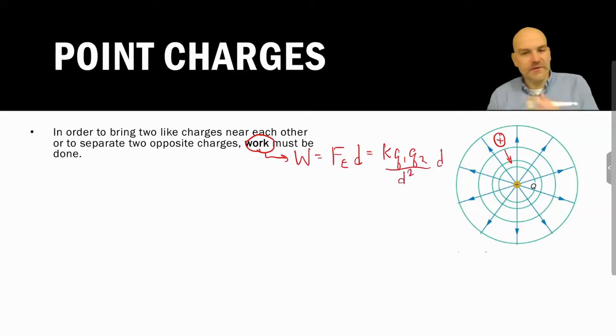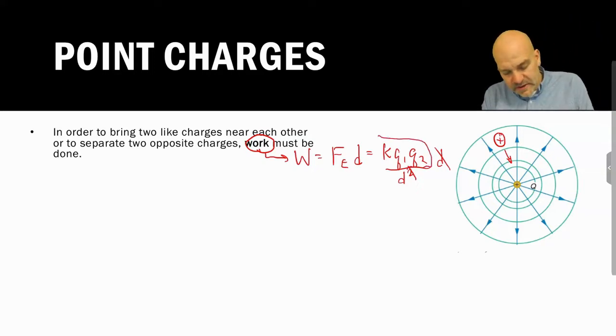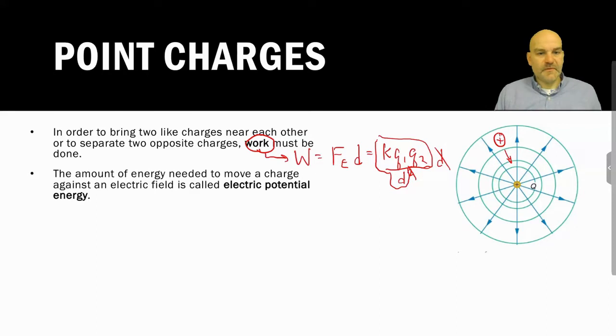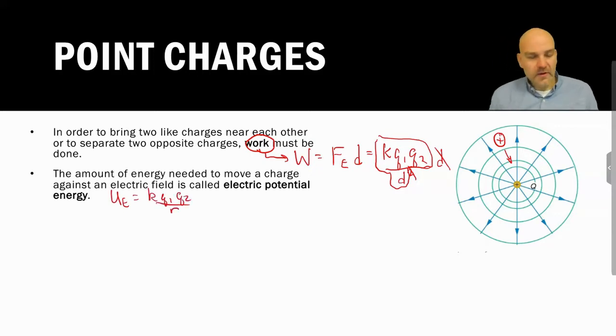I'm going to replace the R with a D. I know usually we use R. And so the distance up top is going to cancel the distance on the bottom. And so we have this equation, kQ1Q2 over D. That is what we know as electric potential energy, or a change in electric potential energy. So UE is simply kQ1Q2 over R.